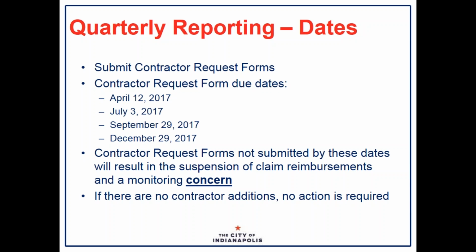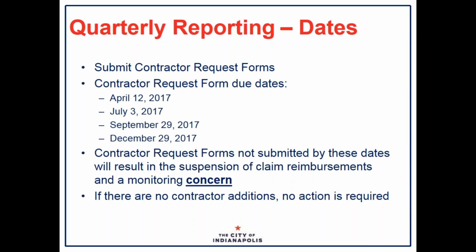So for contractor request form due dates, the first one is 2 days from now, April 12th. We're closed on this Friday for Good Friday, so please get that to us as quickly as possible so that we can add any new contractors to the quarterly report form.